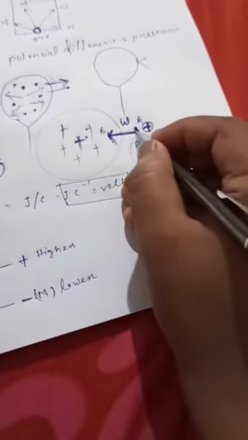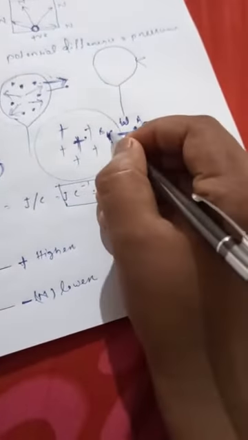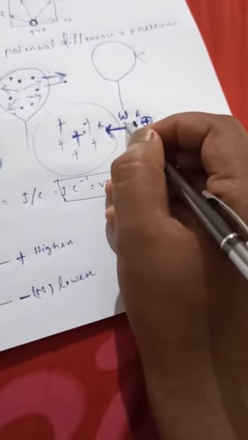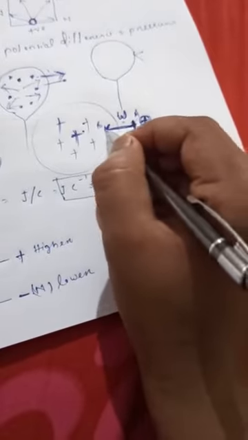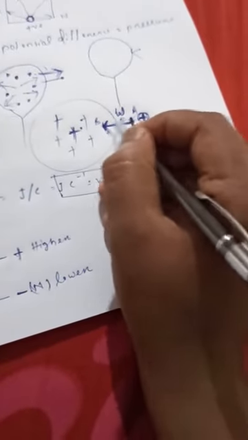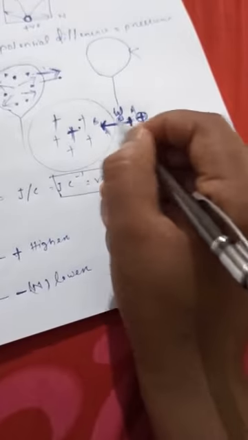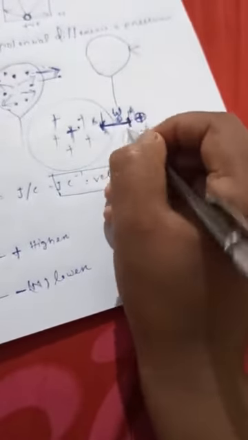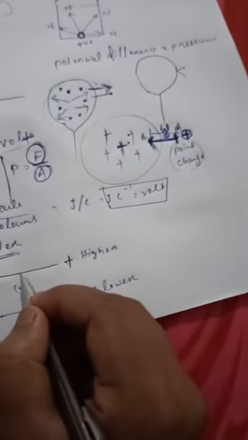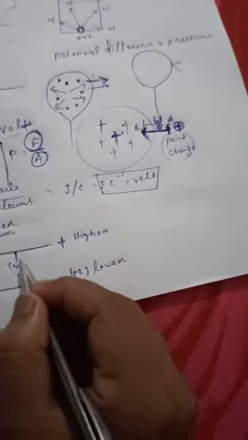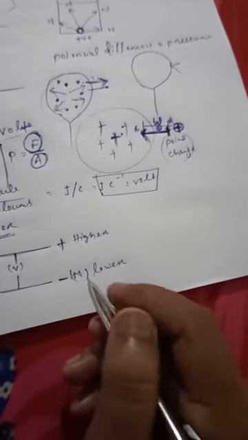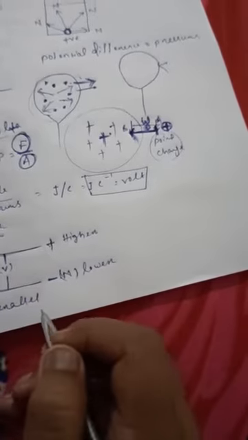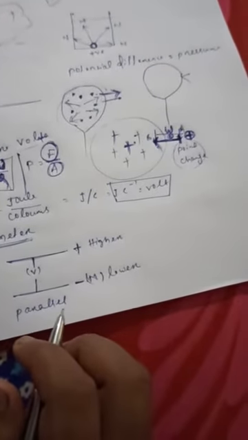If you put a voltmeter between them, we generally connect it with both the positive end and the negative end. So it is a parallel connection. It is connected in parallel. Understand?